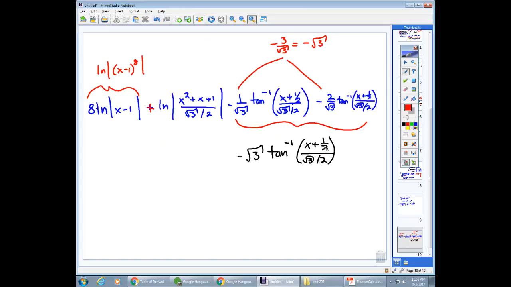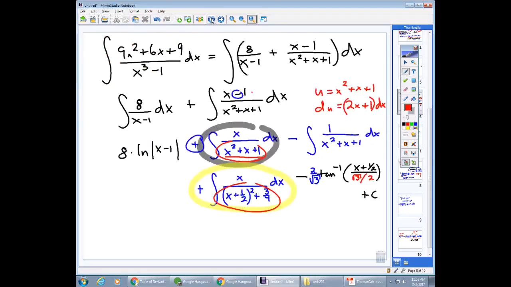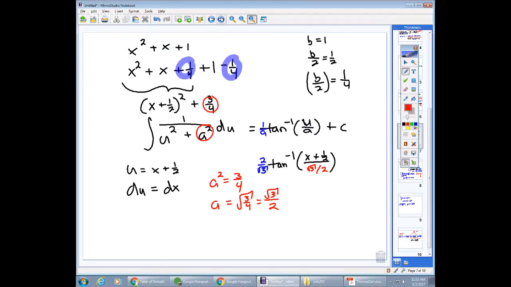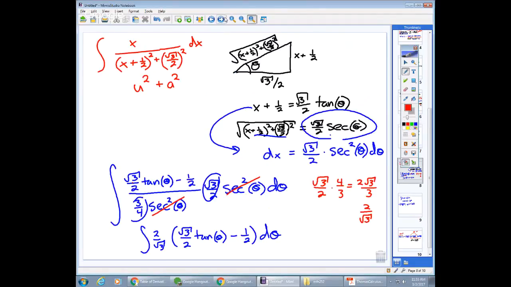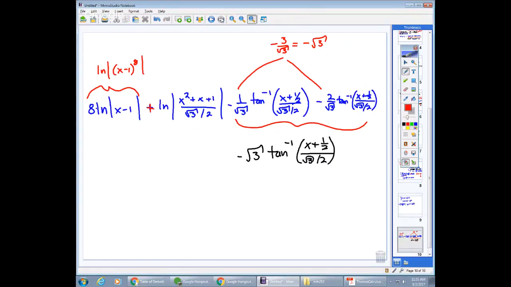I'm not sure if that helps us. Do I have my signs right there? Let's double check back here. That was positive and that was positive. And then on this page, I think that's right.